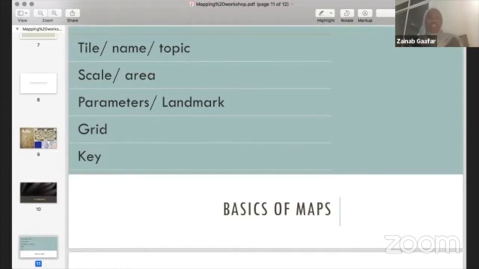That usually is what guides you when you are trying to produce a map in general. What are you trying to get people to look at or understand? What are you trying to tell them? And where are you trying to guide them? So usually when you pick a topic or a name or a title for your map, you do that so you narrow down all of these different endless possibilities that can go into a map.